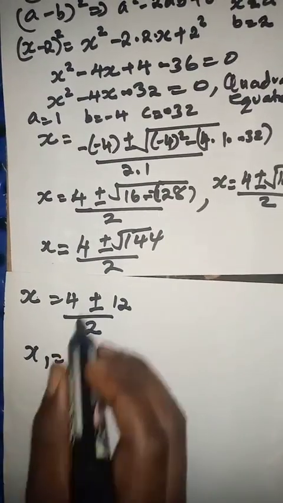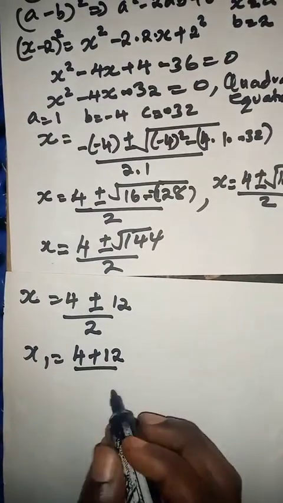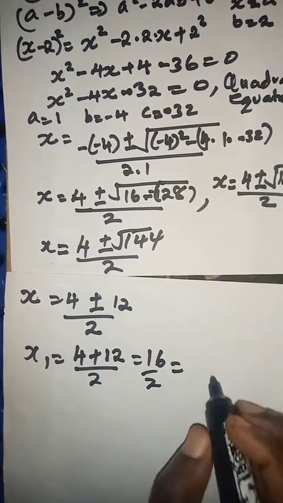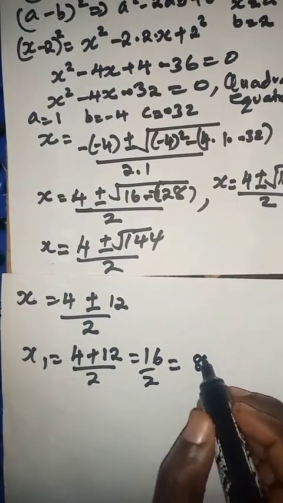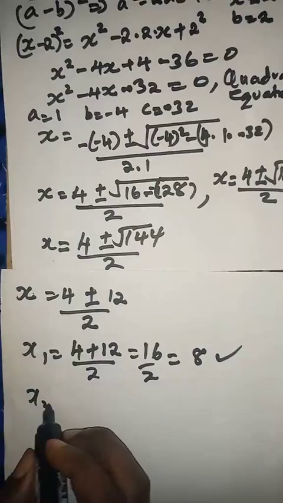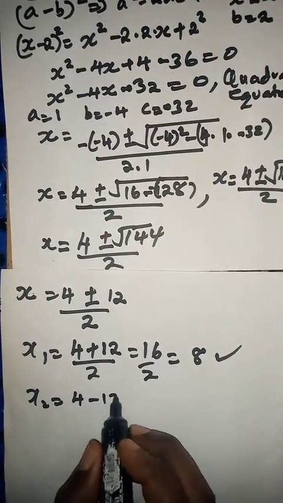Meaning that for the first value of x I'm going to use a positive sign so that I have 4 plus 12 divided by 2. I'm going to get 16 divided by 2, and my value of x becomes 8 as the first value of x. For the second value of x, I'm going to use the negative, so you need to take 4 minus 12 divided by 2.